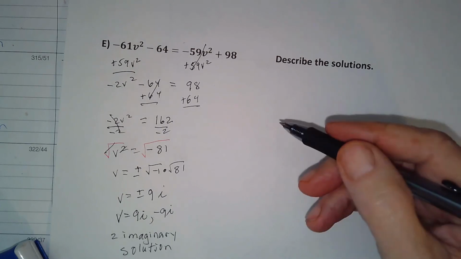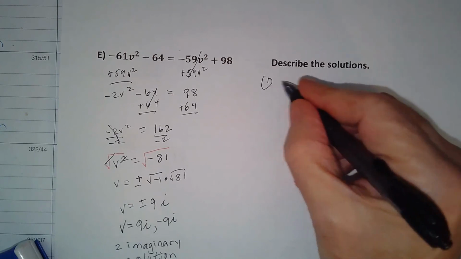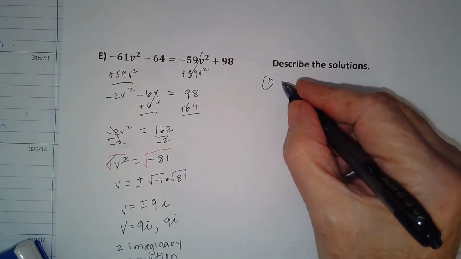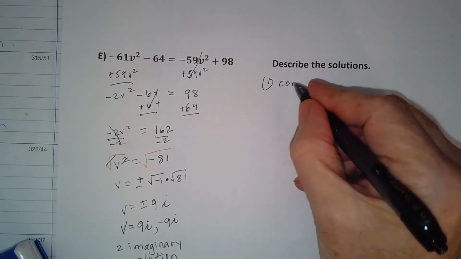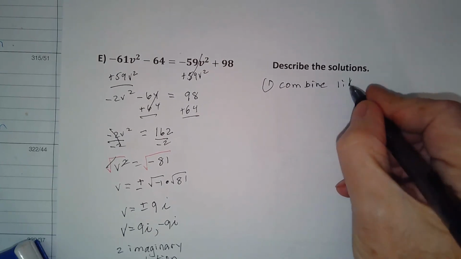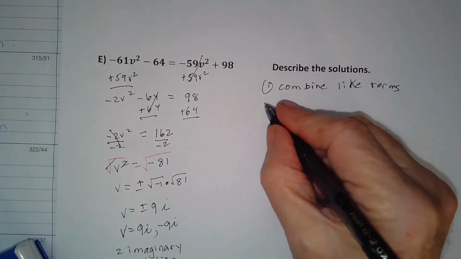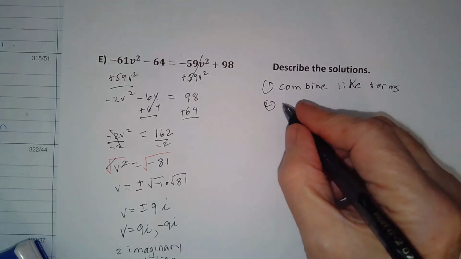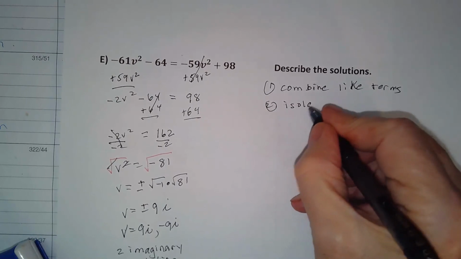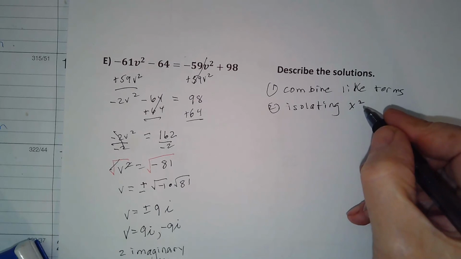Okay, so basically your steps here are collecting the like terms, so combining like terms. Then you're isolating x squared. All right.